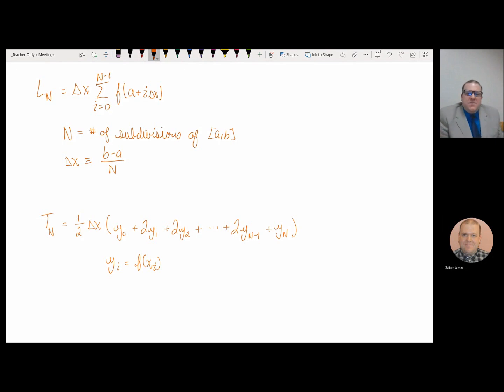Y sub i is defined as f of x sub i, which is just f of a plus i delta x.